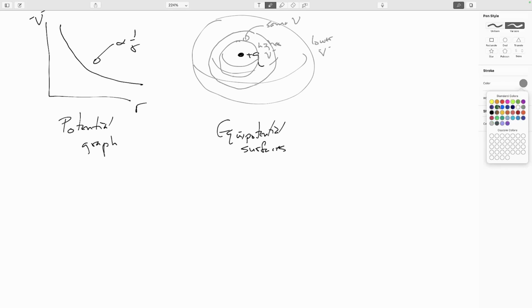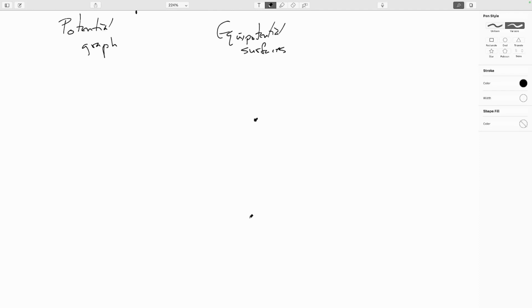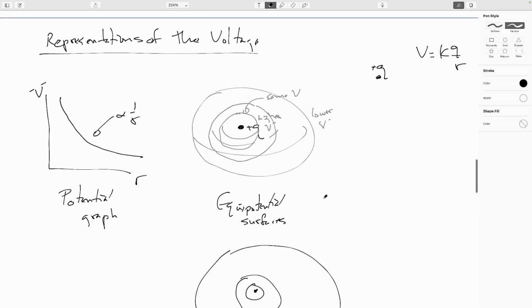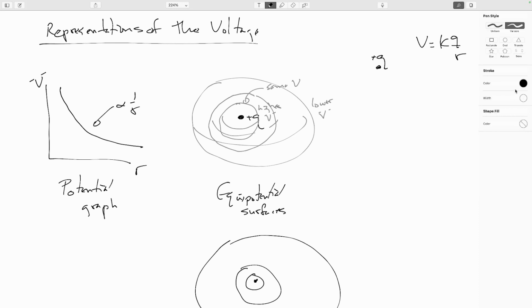So a lot of times what people do instead of that is they'll just draw what's called a contour map. Now here we're drawing a bunch of circles. So this is a contour map. What you can imagine we've done here is I've put a plane through my equipotential surface and just seen where the contours cross, and then I just draw that.